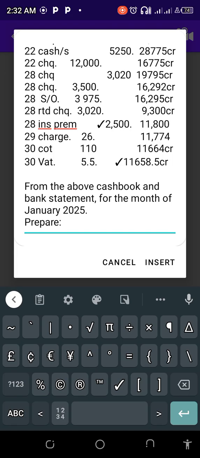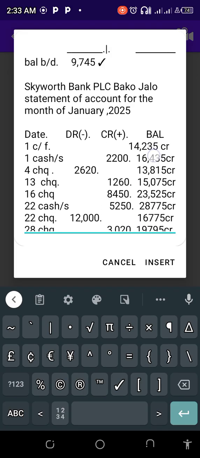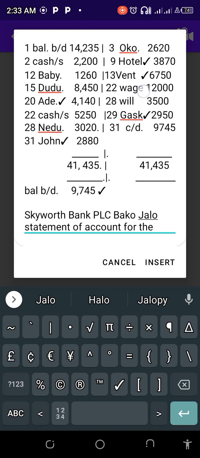That is to say, bank charges 26, commission on turnover is 110, then VAT on commission of turnover is 5.5. All these items are not on the credit side of the cash book. You can see that none of these are on the credit side of the cash book.